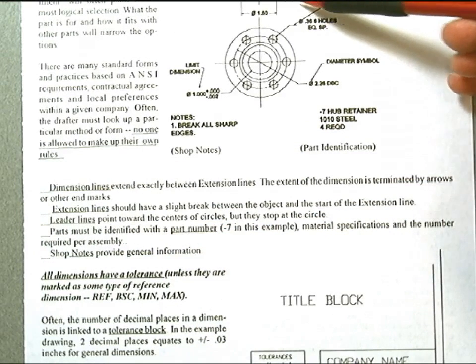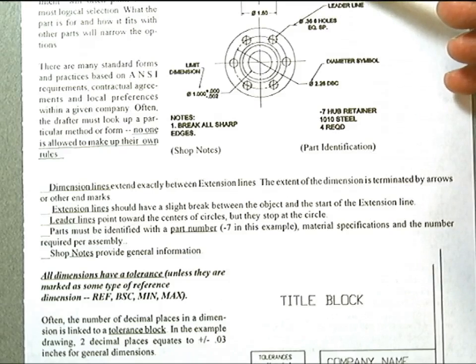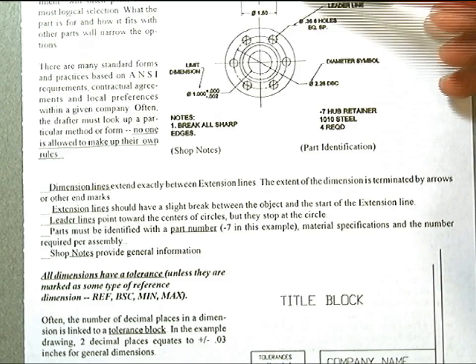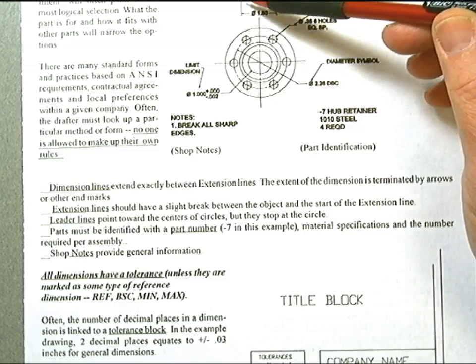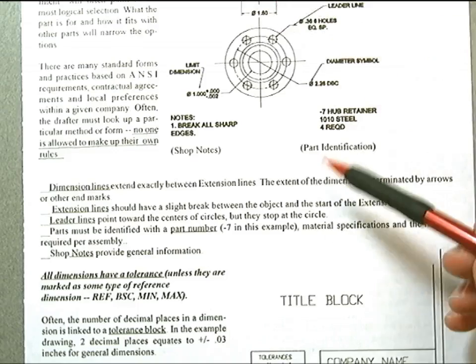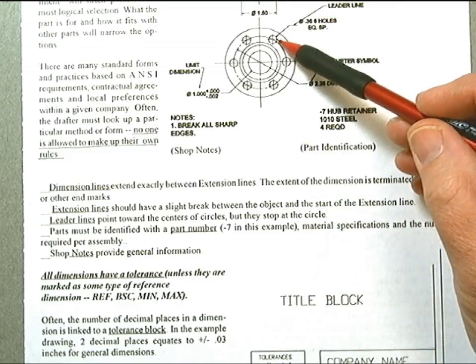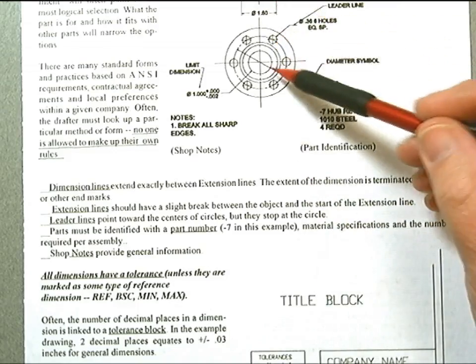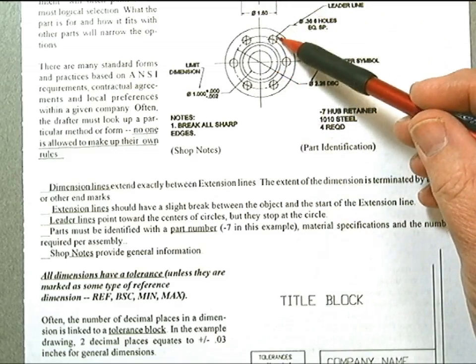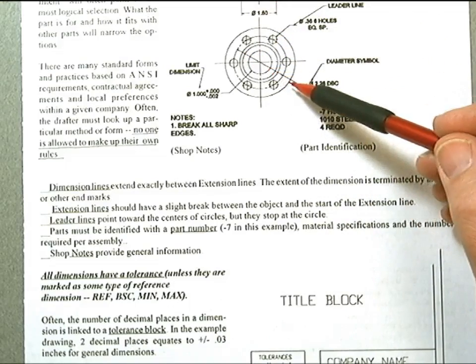The extension lines themselves emanate from the feature of size or the feature of location, and there's a short small break applied, about a 1/16 of an inch. Leader lines, working with cylindrical objects, point to the center or actually go through the center.